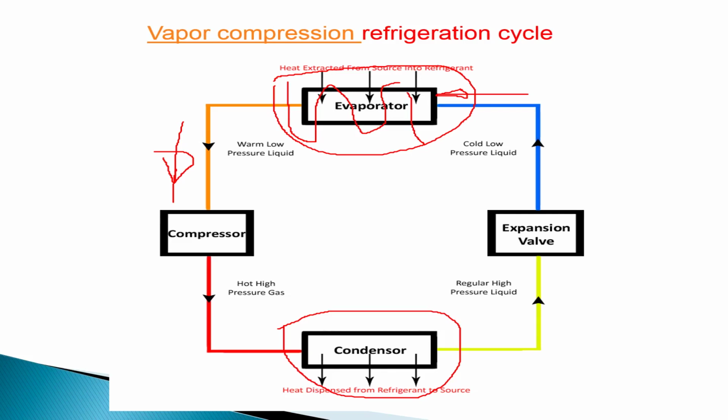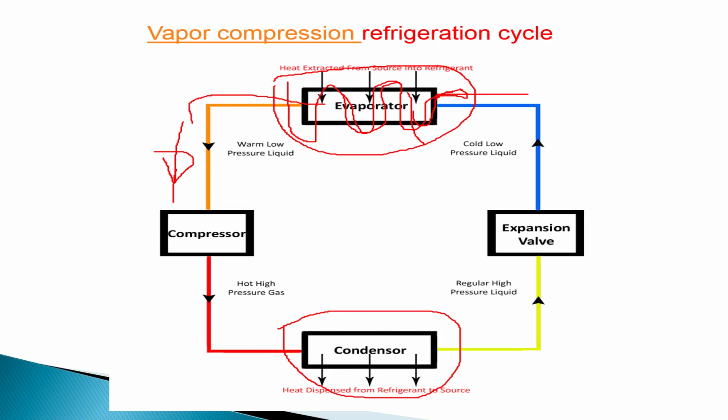When this low temperature, low pressure liquid refrigerant passes through, it gets vaporized and absorbs the heat. First it absorbs the latent heat, becomes vapor, and then sensible heat gets heated up and comes out of the evaporator at higher temperature.